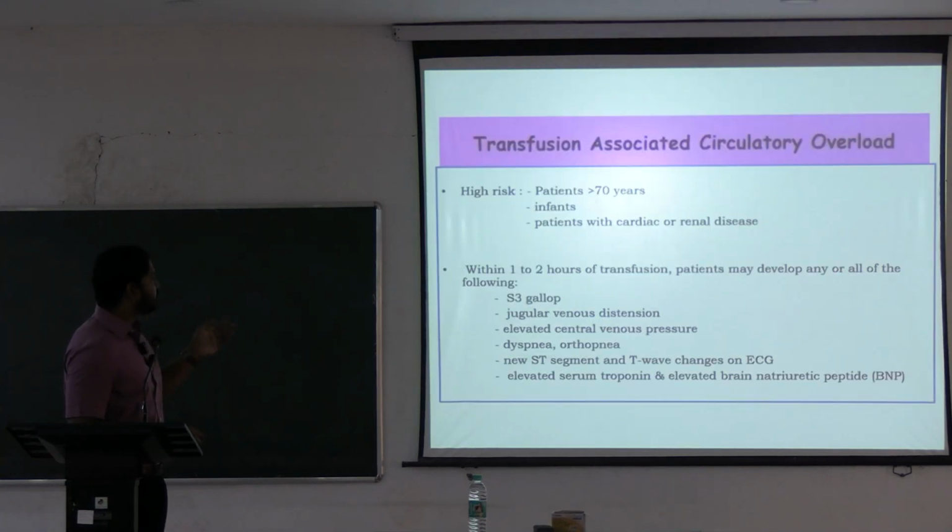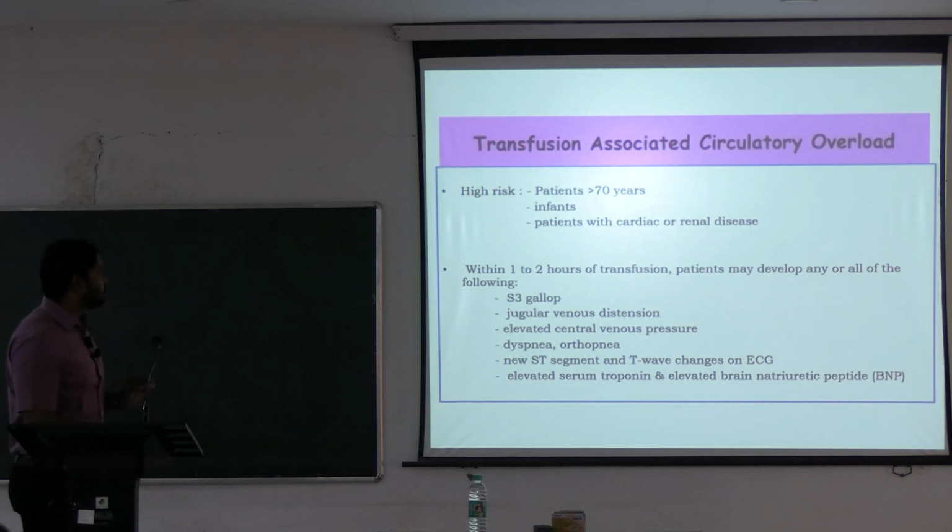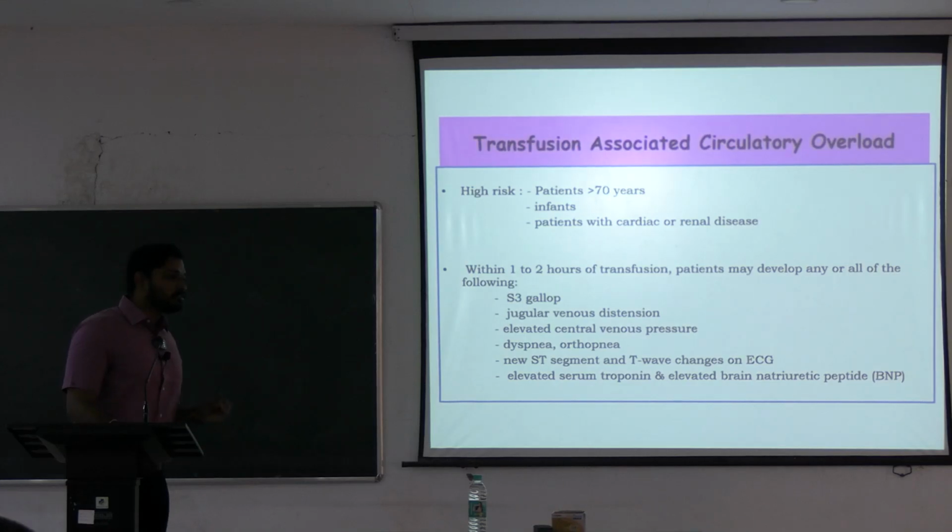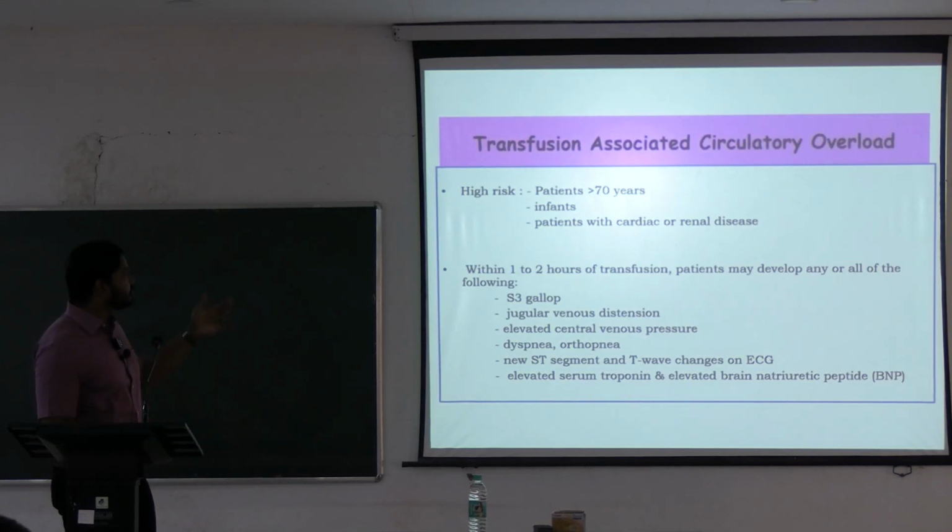Differential diagnosis, you need not know this. TACO, transfusion associated cardiac overload. It occurs mostly in old age patients whose age is more than 70, in infants, patients with cardiac or renal disease. After 1 to 2 hours of transfusion, you have TACO.